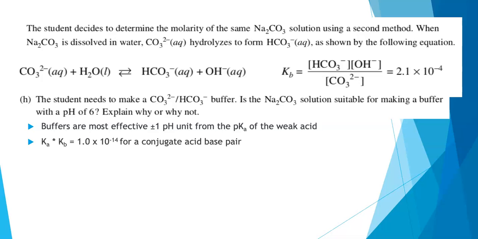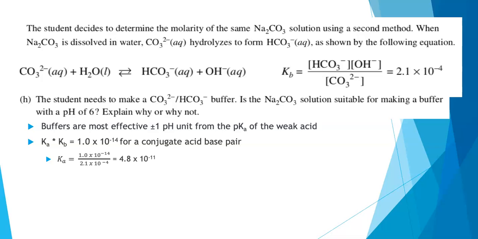We know that Ka times Kb equals Kw, 1 times 10 to the minus 14th for a conjugate acid-base pair. That formula is conveniently on your formula sheet. We know Kb, so we can calculate Ka for the weak acid, hydrogen carbonate, and we get 4.8 times 10 to the negative 11.